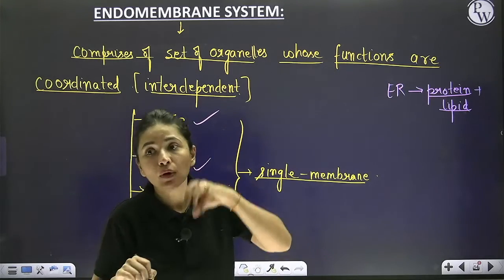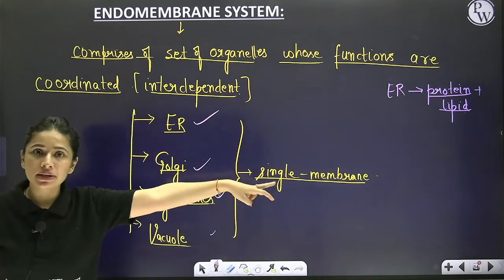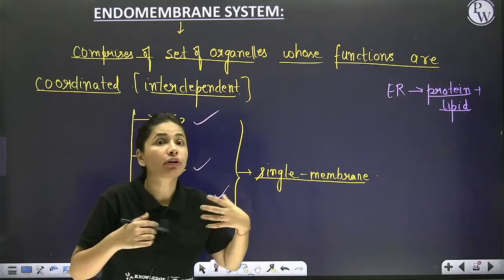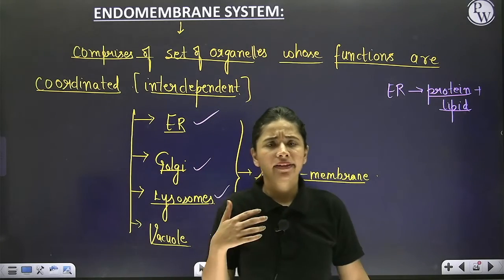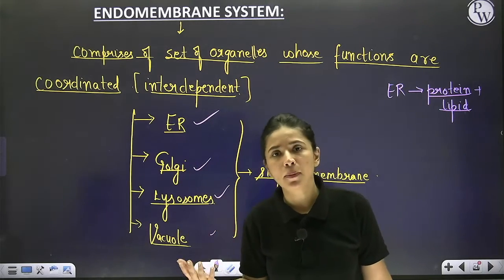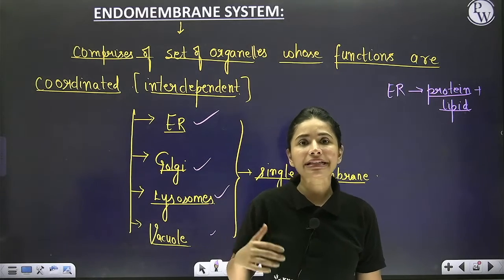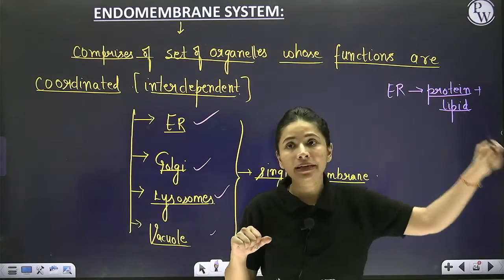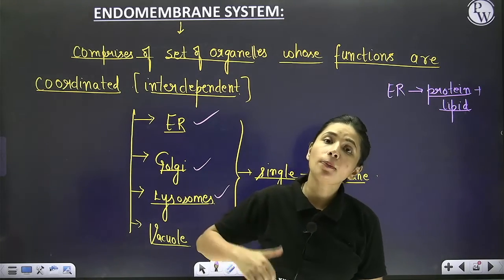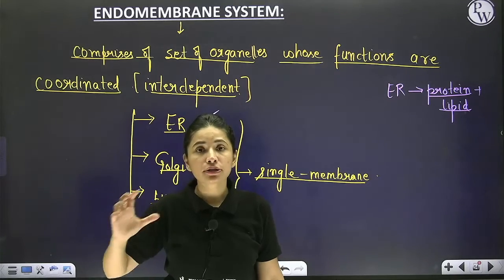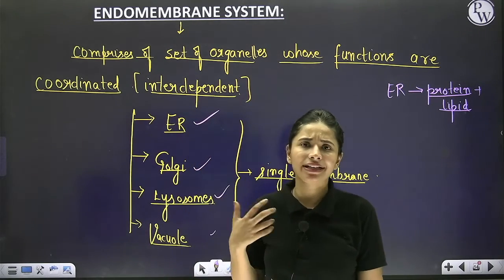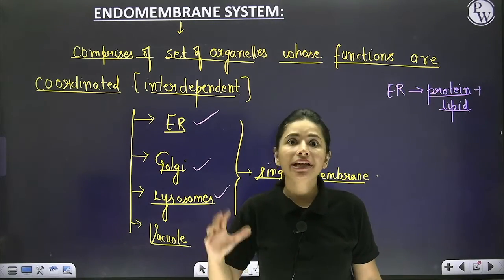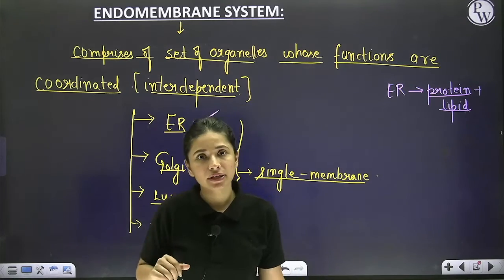Now, ER is producing lipid and protein, but this lipid and protein is not ready to be utilized. It's like a farmer who is growing a crop on the field. The farmer is like ER, who is responsible for producing the crop, that is protein and lipid. But can you use that crop directly at your home? Or do those crops first need certain modifications, processing and packaging before you use them at home? Yes, they need certain modifications.